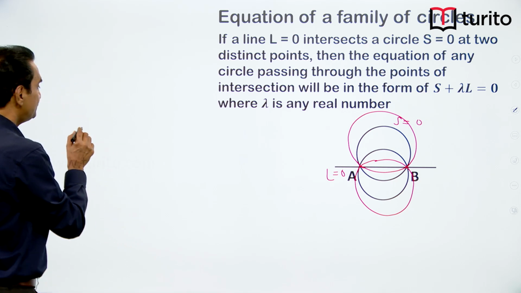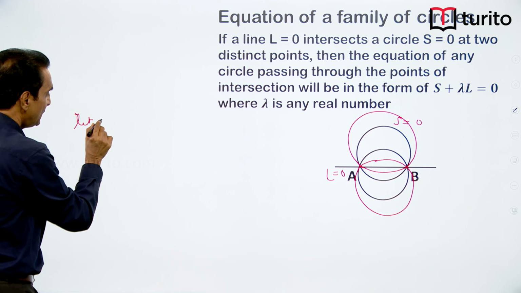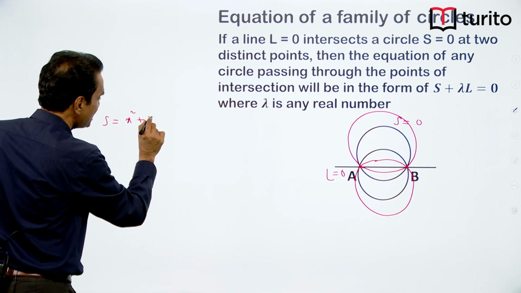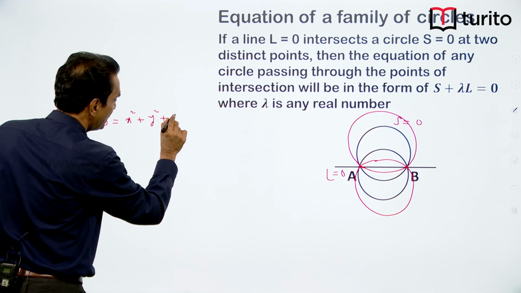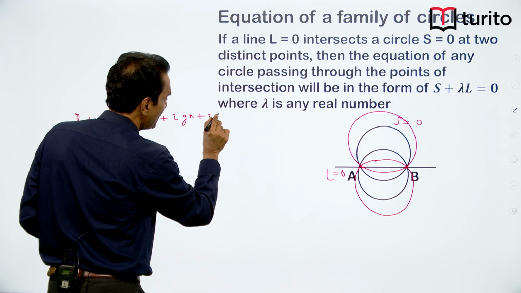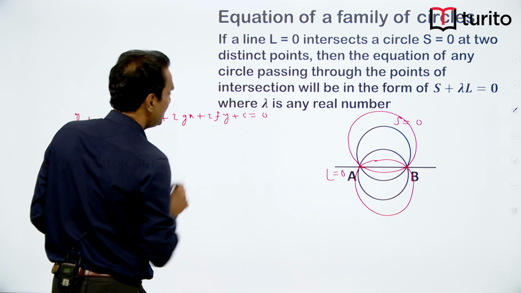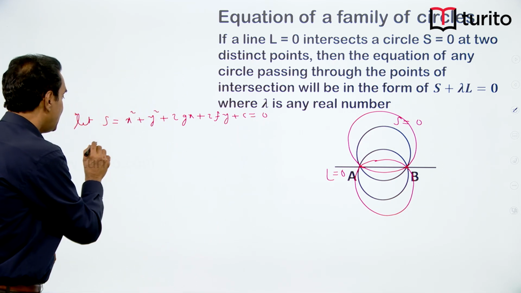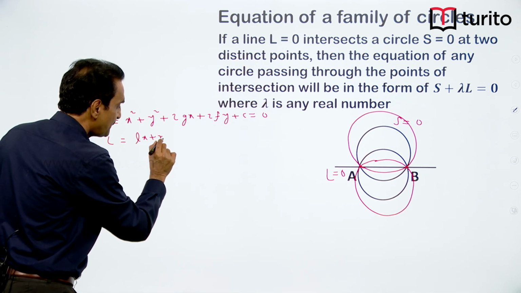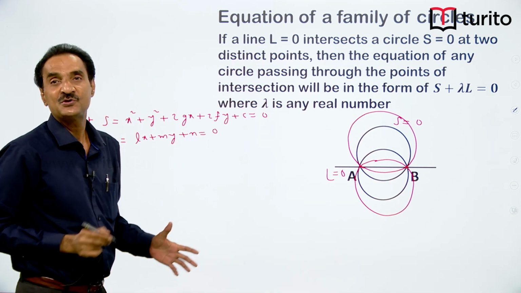Now, I will take the circle S as x square plus y square plus 2gx plus 2fy plus c is equal to 0, and the line L as lx plus my plus n is equal to 0.